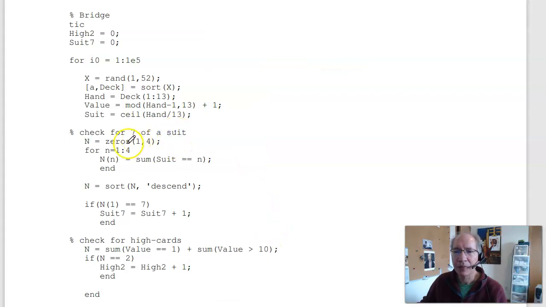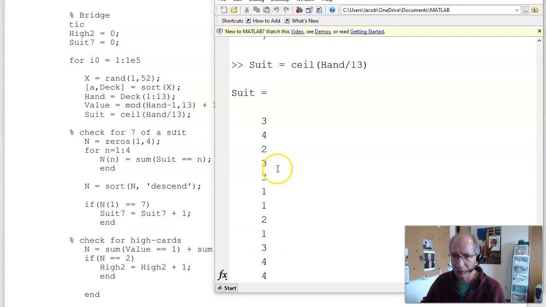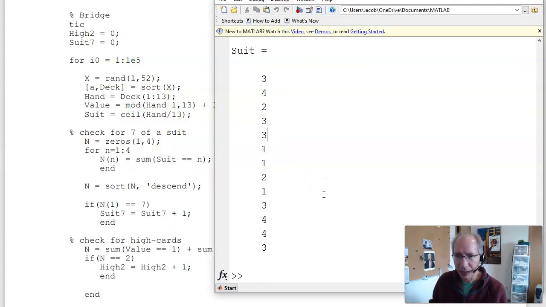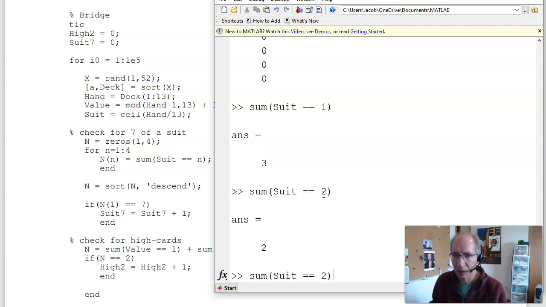Once I have that, I can count how many cards in my hand are suit number 1. So MATLAB can say, is suit equal to 1? I have 3 clubs, 2 diamonds, 5 hearts, and 3 spades.